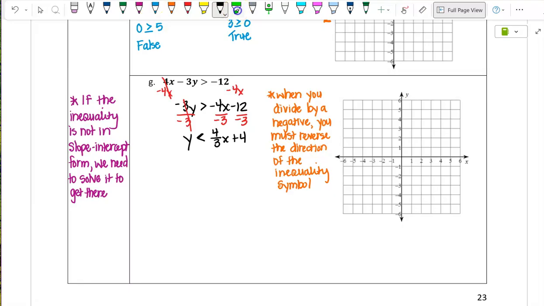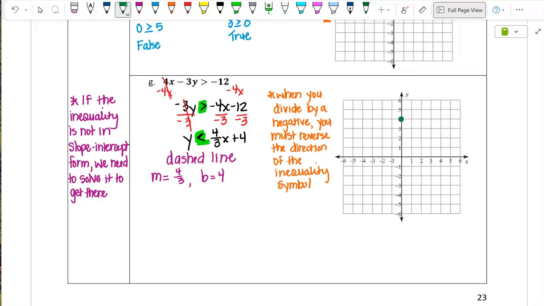And again, I have remembered my inequality started out greater than, but I divided by a negative, so now it's a less than, which means I have a dashed line, a slope of 4/3, and a y-intercept of 4.